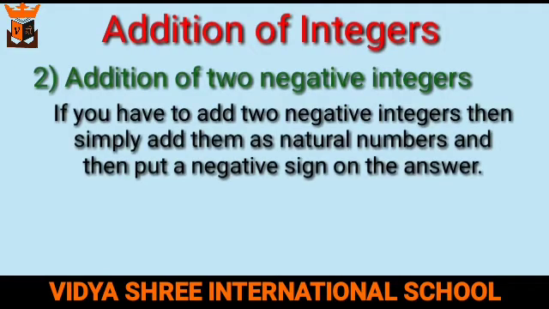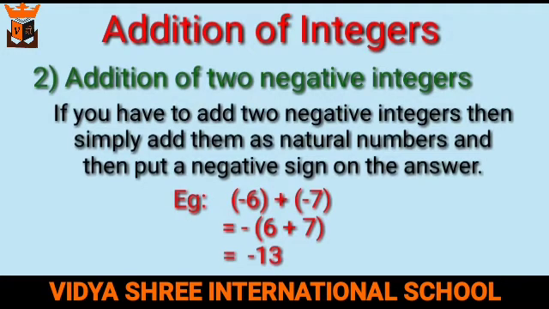If you have to add 2 negative integers, then simply add them as natural numbers and then put a negative sign on the answer. For example, minus 6 plus minus 7. So we will add 6 and 7 and we will put the sign of minus. 6 plus 7 is 13, so the answer becomes minus 13.